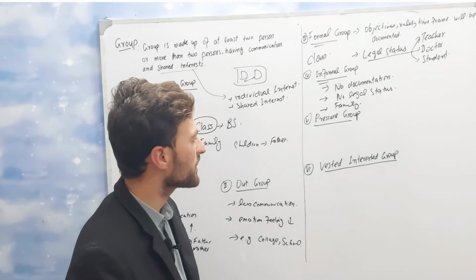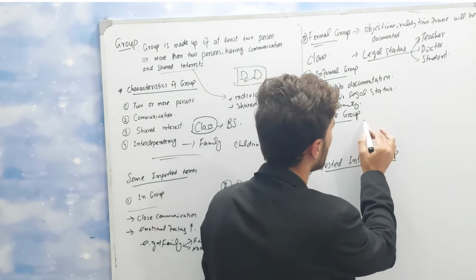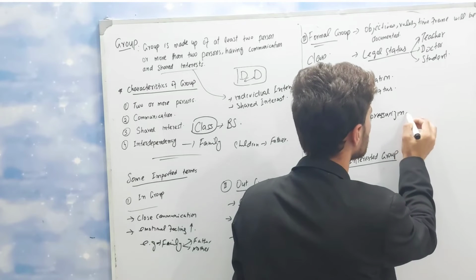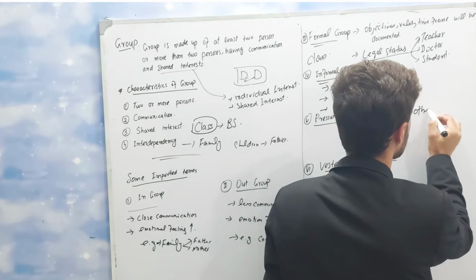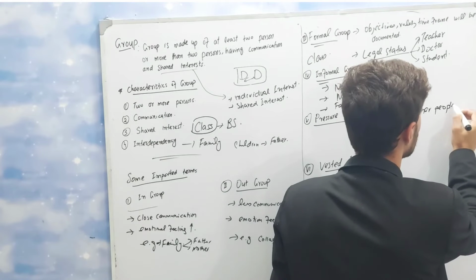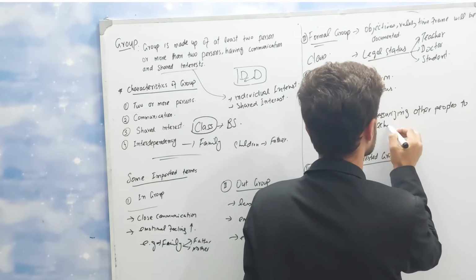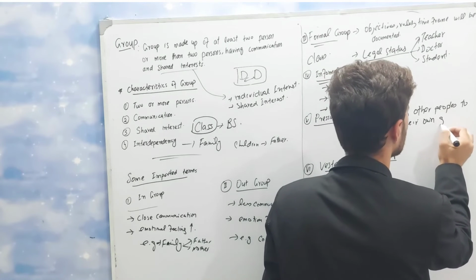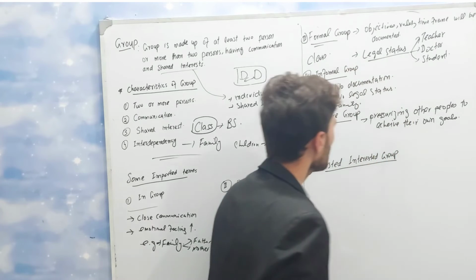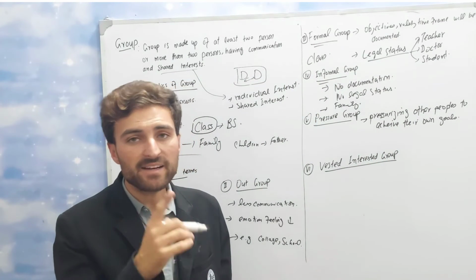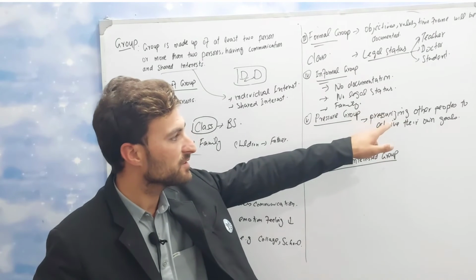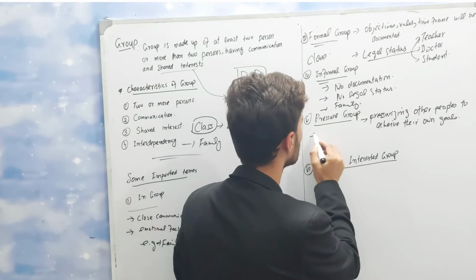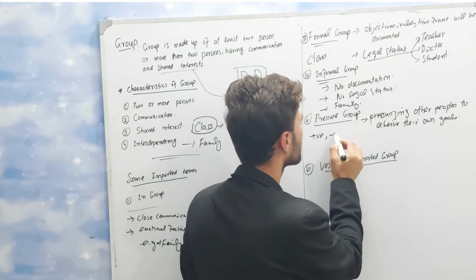Now let's proceed to the pressure group. A pressure group is that kind of group which pressurizes other people to achieve their own goals. It can be positive and can be negative.